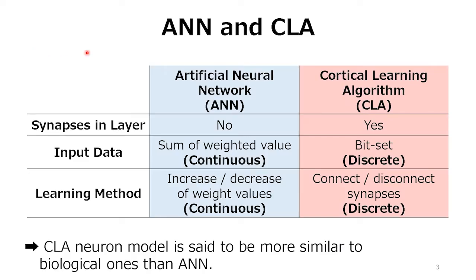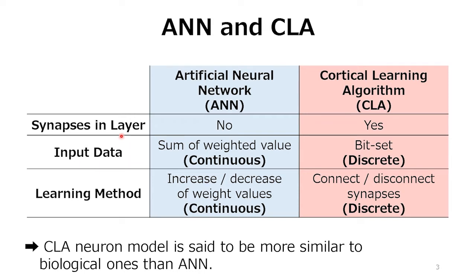Artificial neural network (ANN) is a well-known architecture based on neurons. This table compares ANN and CLA. Basically, ANN does not have synapses in the same layer. On the other hand, CLA has synapses in the same layer, and they work for the data prediction.